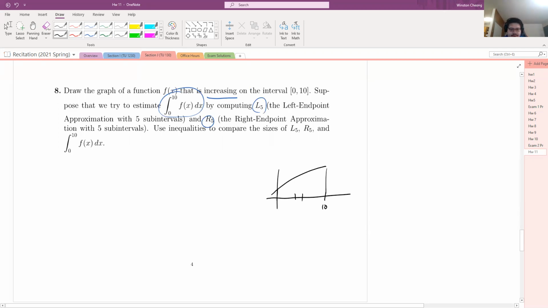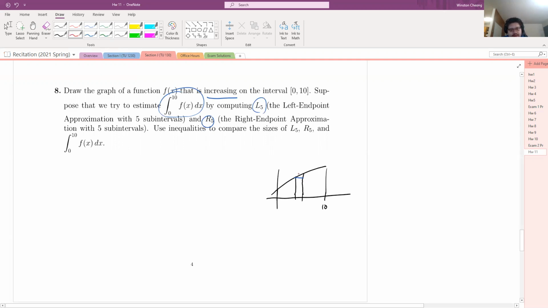So now consider what happens to a subinterval. Well, so let this be the subinterval. So the integral, it would calculate this area exactly. The left endpoint approximation would calculate the area of the rectangle with the height in blue.